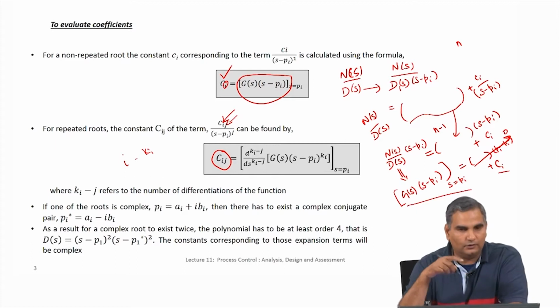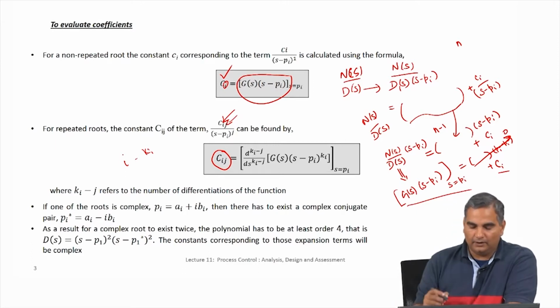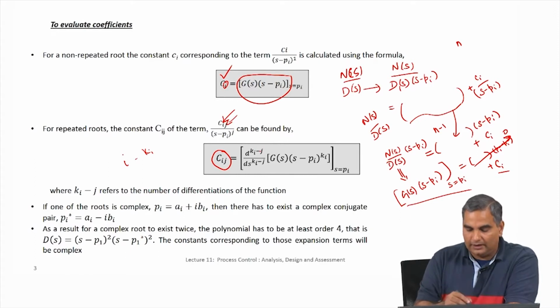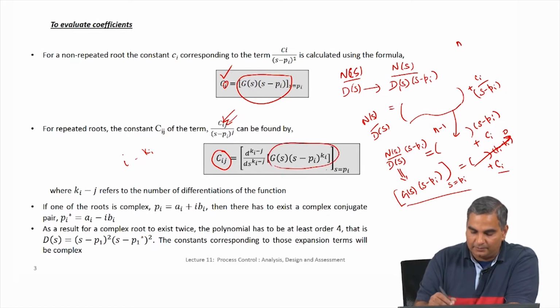So, you do this differentiation d to the power ki minus j, whatever jth coefficient you want, divided by ds to the power ki minus j, and inside you have g(s) times (s minus pi) to the power ki. Earlier we multiplied only by s minus pi because it is a non-repeated root.